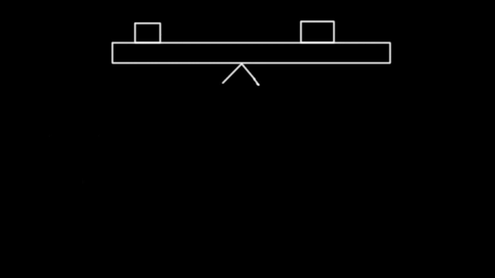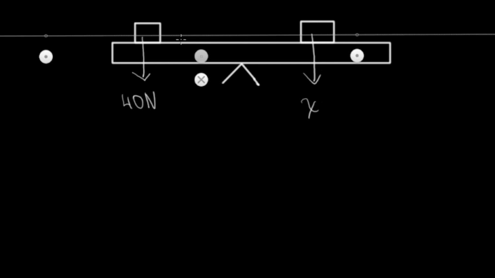So we have two masses, or two blocks, or two objects sitting over here, and let's say that I have 40 newtons for this one and a force of X acting on this one.